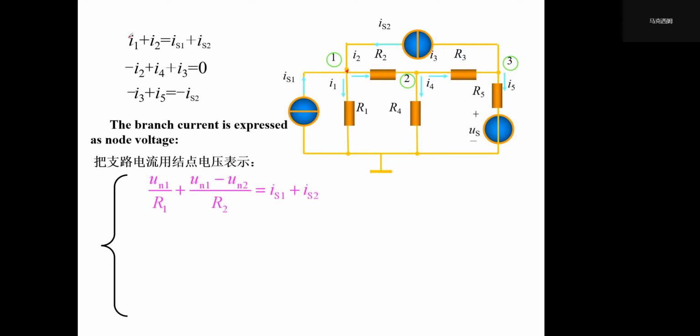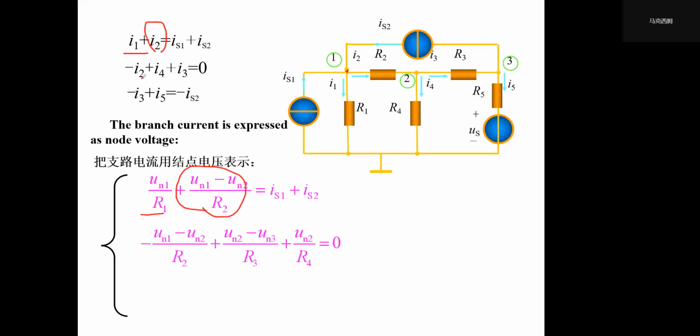So UN1 over R1 is I1, right? And UN1 minus UN2, N is for node, the voltage difference of node 1 and node 2, over R2, is I2. IS1, IS2 is an ideal current source, so we will not change it.